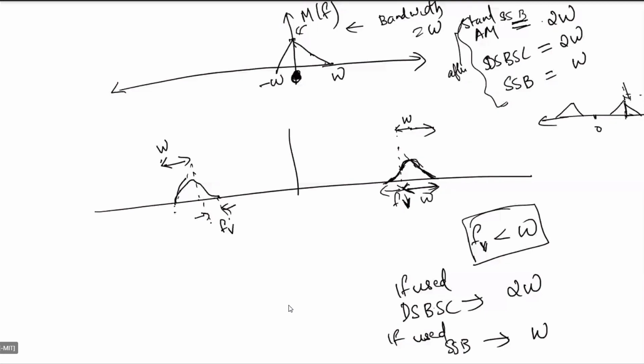Your bandpass filter should have a sharp cutoff, which is not possible. So whatever bandpass filter you have, that only you will use. After filtering, you will have some transition band, and some part of the lower spectrum will also get included.